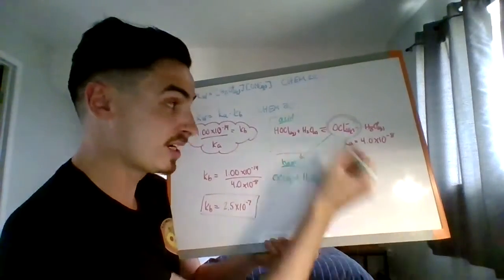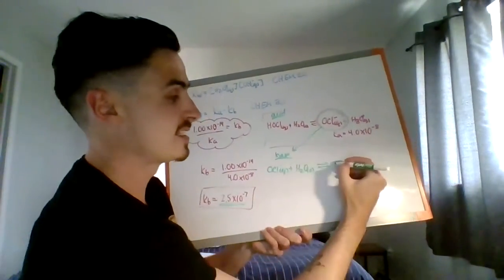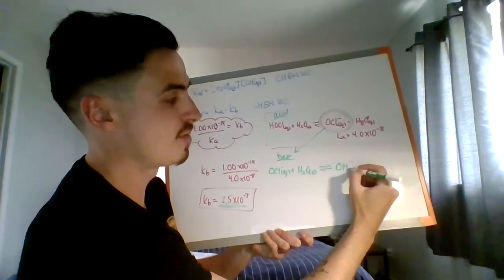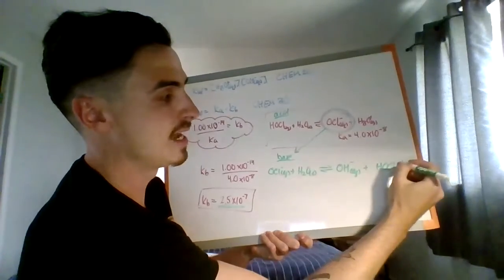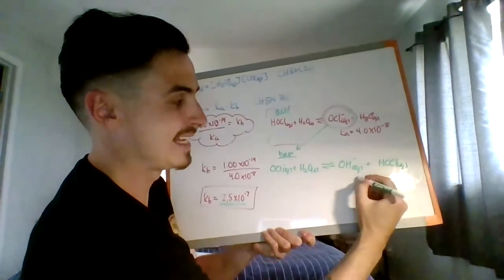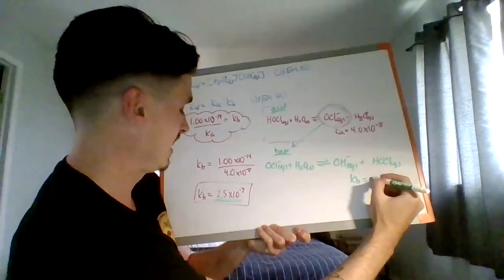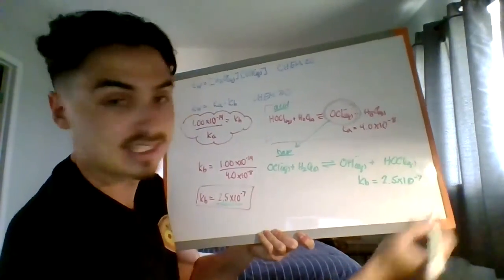It's in equilibrium because it's weak, because Kb is very small. It's going to steal a hydrogen to give us OH minus and HOCl. And Kb for this basic reaction we just calculated is 2.5 times 10 to the negative 7.